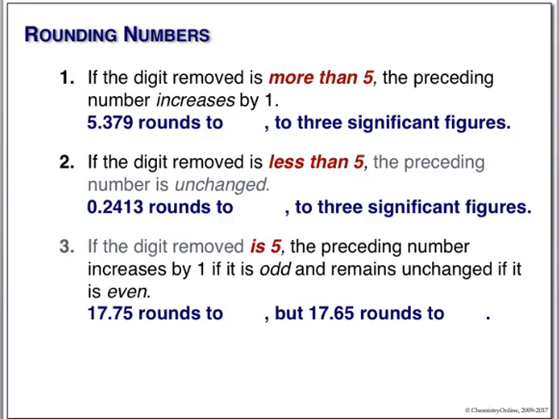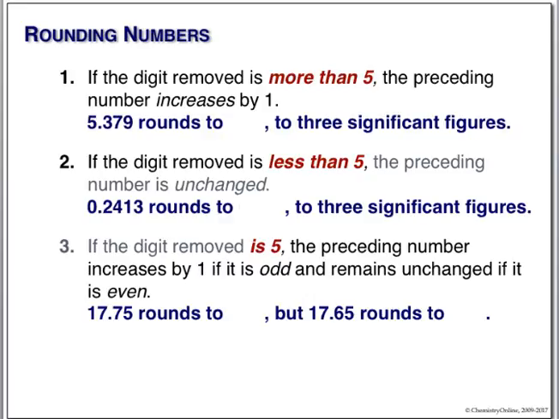The basic rules are very simple. The digit that you're getting rid of, if it's more than 5, we up the preceding by 1. If it's less than 5, the preceding digit is unchanged. So our digit that we're getting rid of here is a 9.